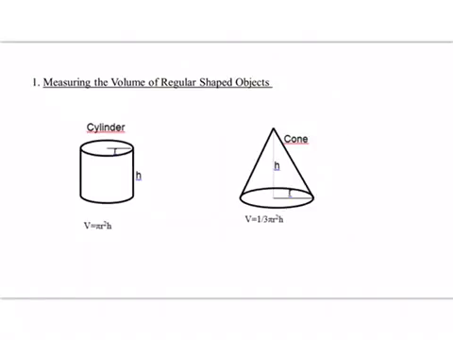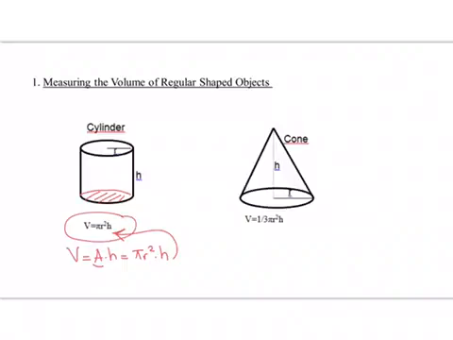A cylinder, you have a base equal to a circle, so the volume is base area times height. The base area of the circle is equal to pi r squared times height h, so you get the formula pi r squared h.